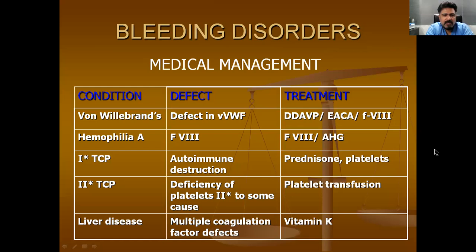In hemophilia A, factor 8 is defective and treatment with factor 8 and AGG is given. Then there are ITP, TTP and liver disease: autoimmune destruction, deficiency of platelets due to some cause, and multiple coagulation factor deficiencies. So platelet transfusion, vitamin K, prednisolone, and platelets are the medical management. So we can just have a review of that.